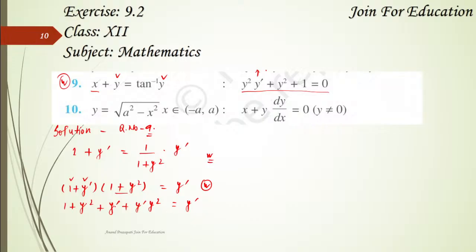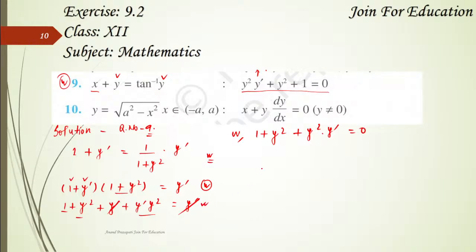So let's see here, y dash cancels out, then the next step here will be 1 plus y square plus y square into y dash equal to 0.